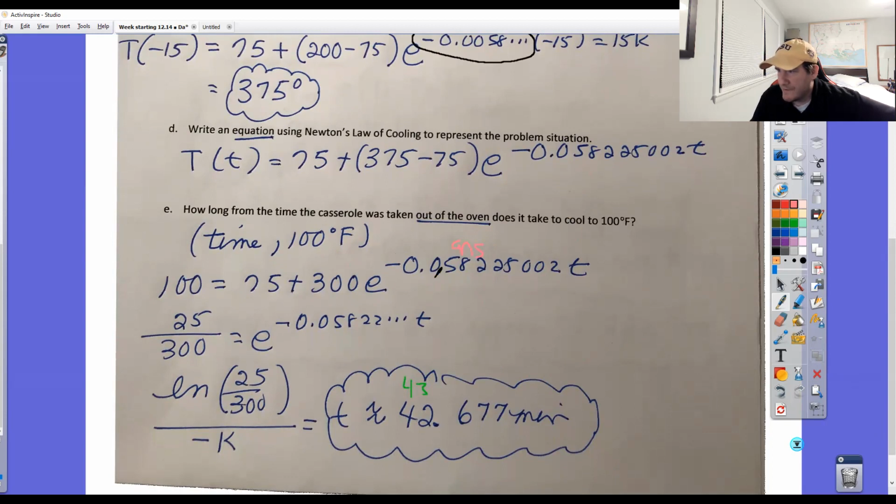But your calculator literally only remembers these values. 1, 2, 3, 4, 5, 6, 7, 8, 9. 9 characters worth. Oh, 10, because it remembers that. I think that's right. I believe your calculator will only store 10. So there are some values out here that she has lost. And so she has lost a bit of precision. So she is off by a full minute. Like I told you guys, that small loss of precision can mean that you're off by like an entire minute, which is kind of a big deal.